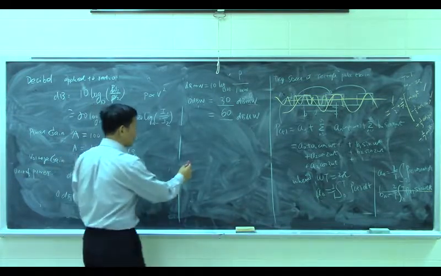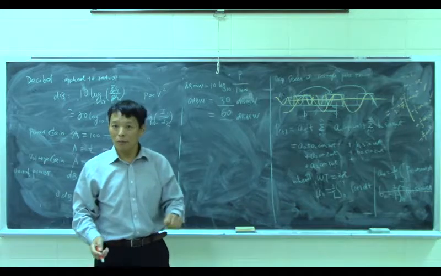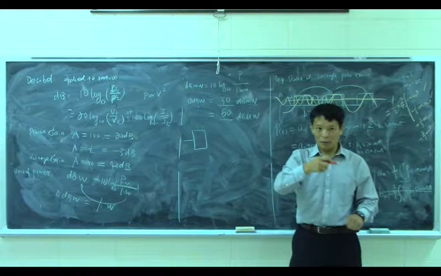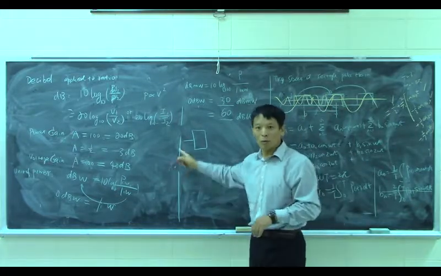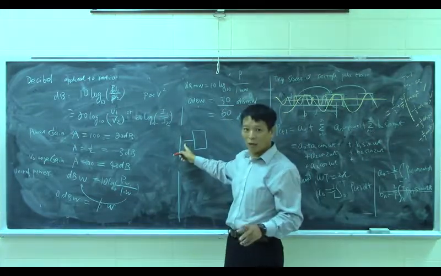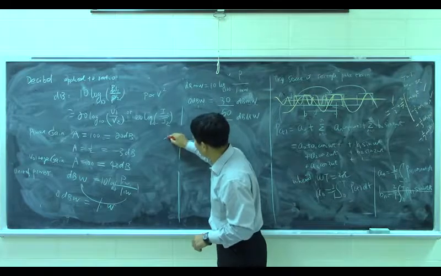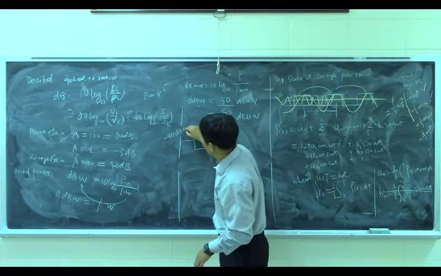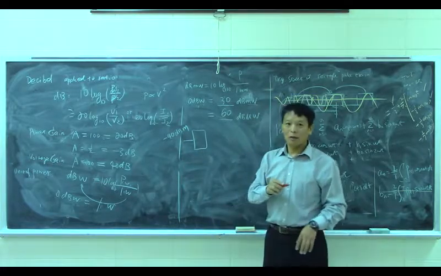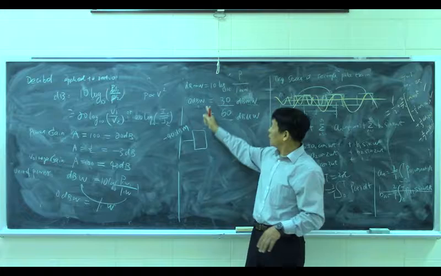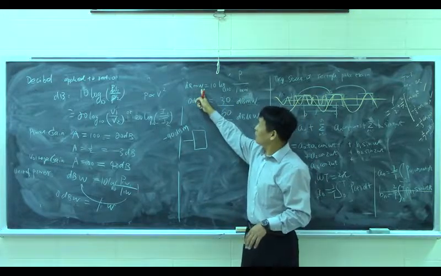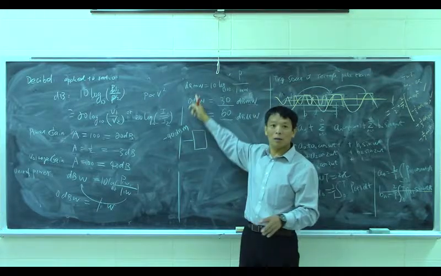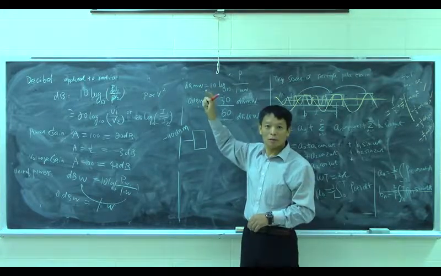Let me give you another example. You have cable TV at home, right? Suppose this is the input from the wall, and the power level, for example, is negative 40 dBm. I'm making up a number. dBm means dB milliwatt; we can ignore the watt.